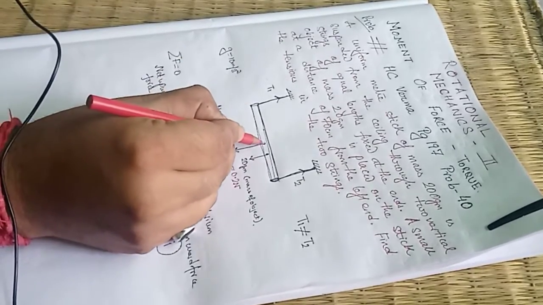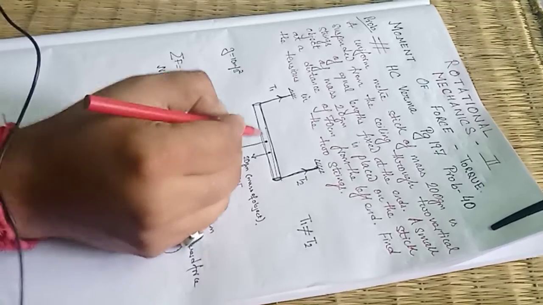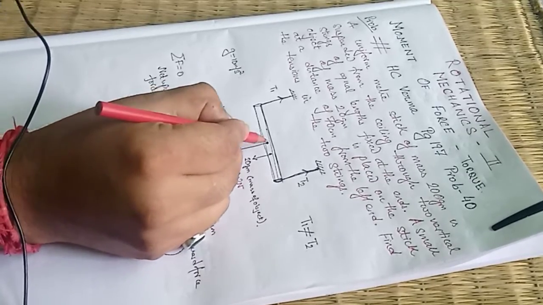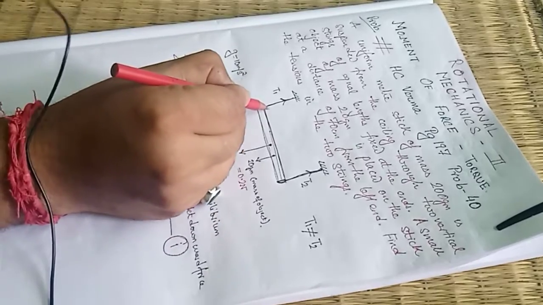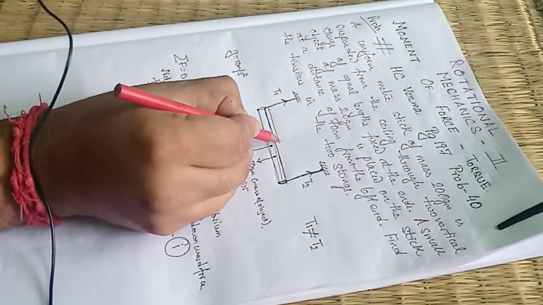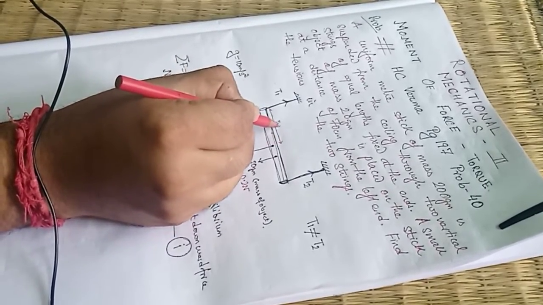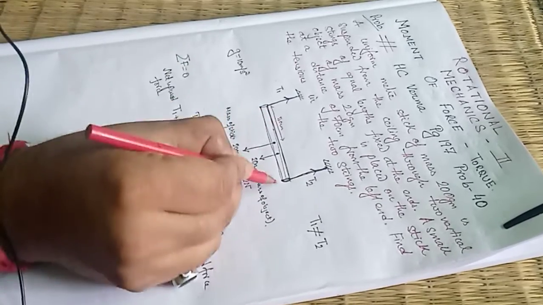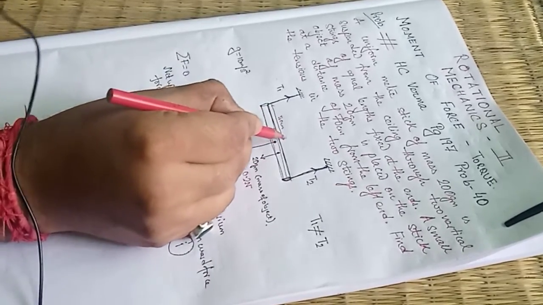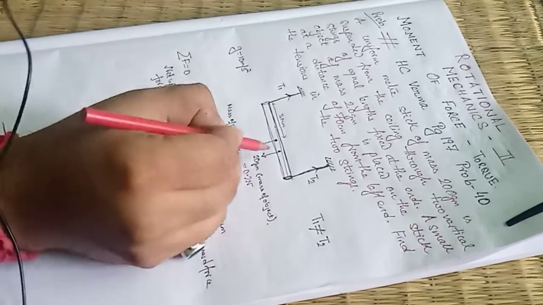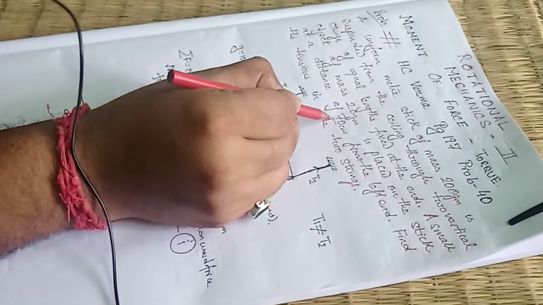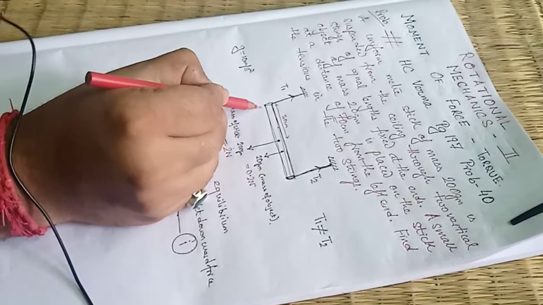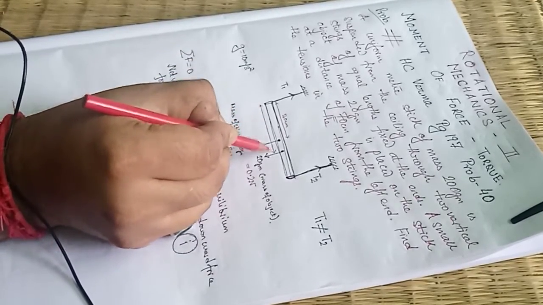Now this 200 gram or the 2 Newton is acting from the center of the rod, that is the center of mass of this stick, at 50 centimeter from here. This is a 100 centimeter scale, so half of it is 50 centimeter. By the problem, this 20 gram is 70 centimeter from the left end, so this is 70.